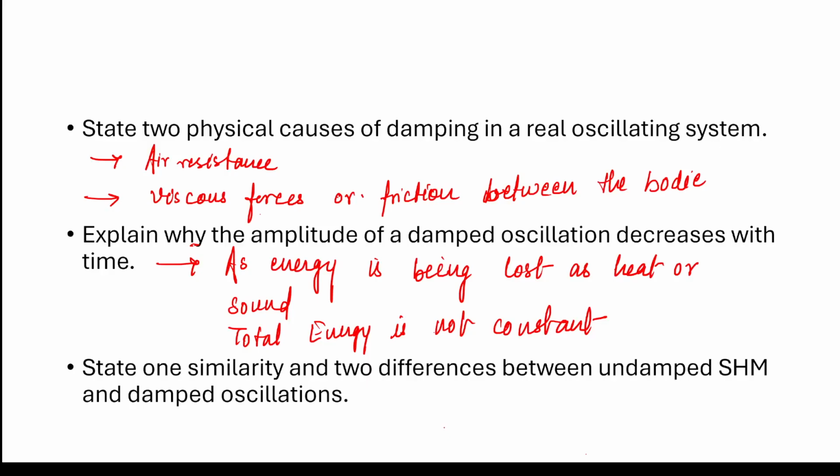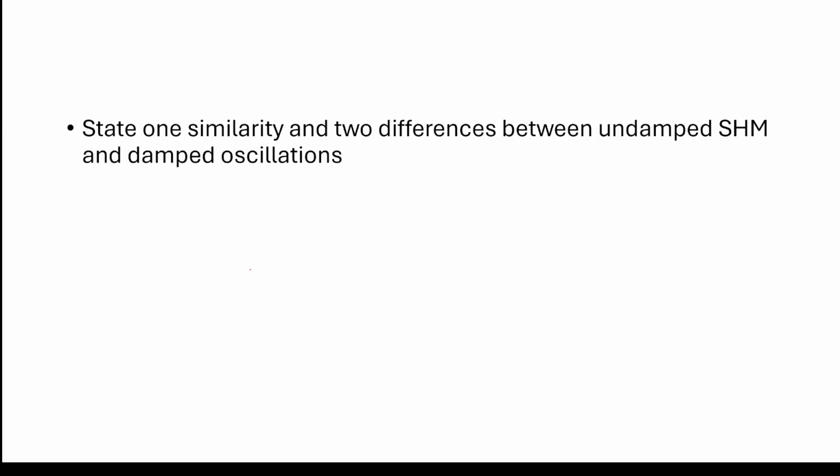Let's just add one slide. Just give me a second. Okay, so one similarity is both are oscillatory motions. Both damped and undamped are oscillatory. Don't say they are SHM, because for SHM, the only force acting should be F equals minus kx, the restoring force. If other forces start acting, then the motion becomes oscillatory.